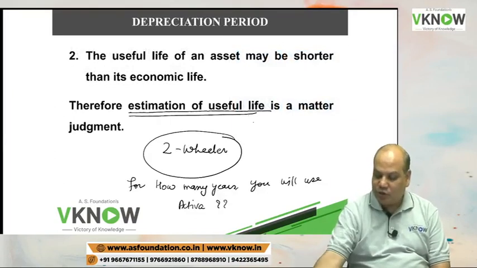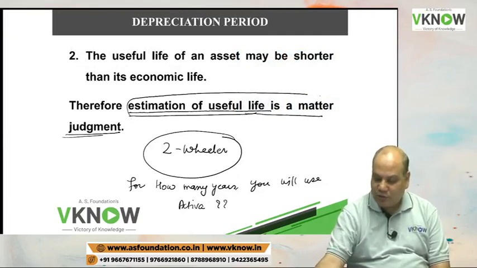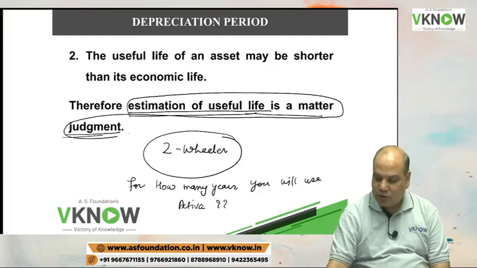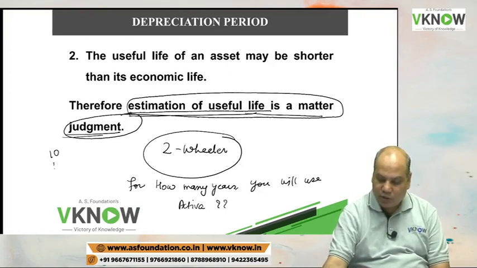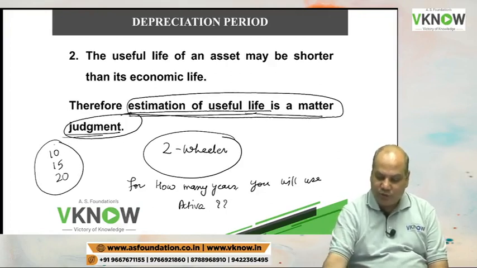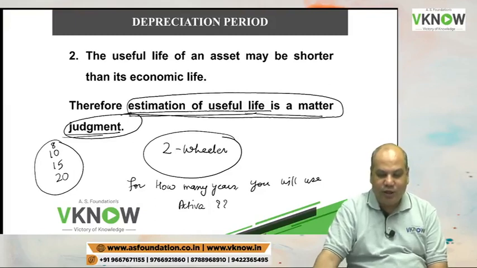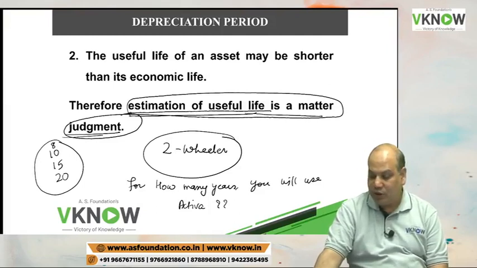I have demonstrated live that your estimation of useful life is a matter of judgment, because I got multiple answers from our students. Somebody said 8, 10, 12, 15, 20. So the answer is varying from 8 to 15 or 8 to 20.